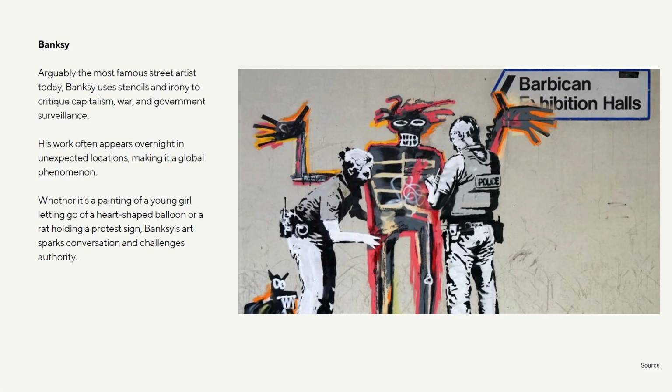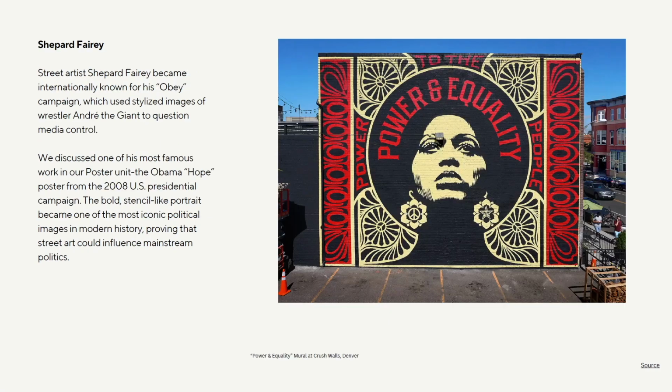We've probably seen the painting of the young girl letting go of a heart-shaped balloon or the rat holding a protest sign. Regardless of the material or the context or the content, his work tends to spark conversation, and it's also going to challenge authority. And in this case, we see the echo of the Basquiat painting being integrated into his piece.